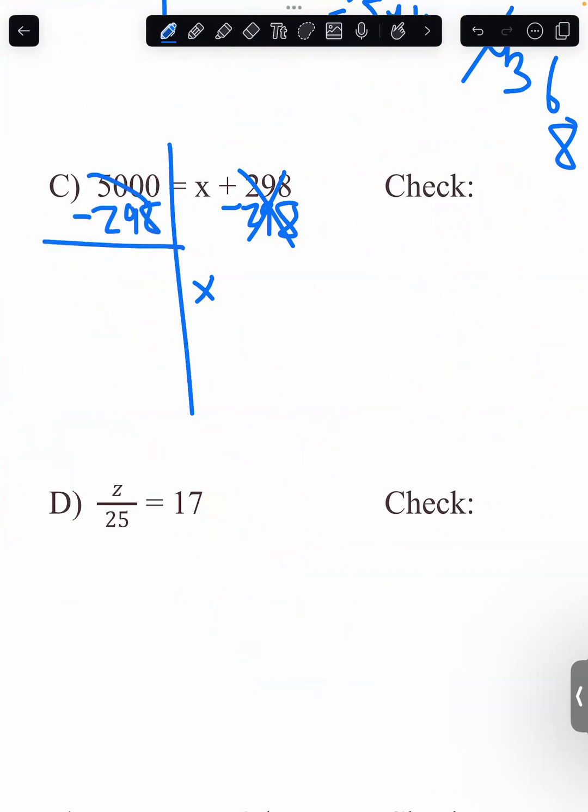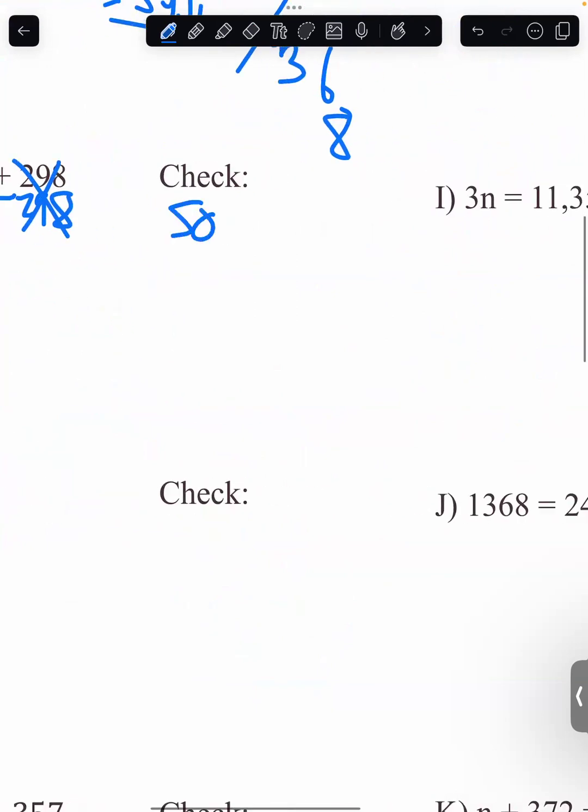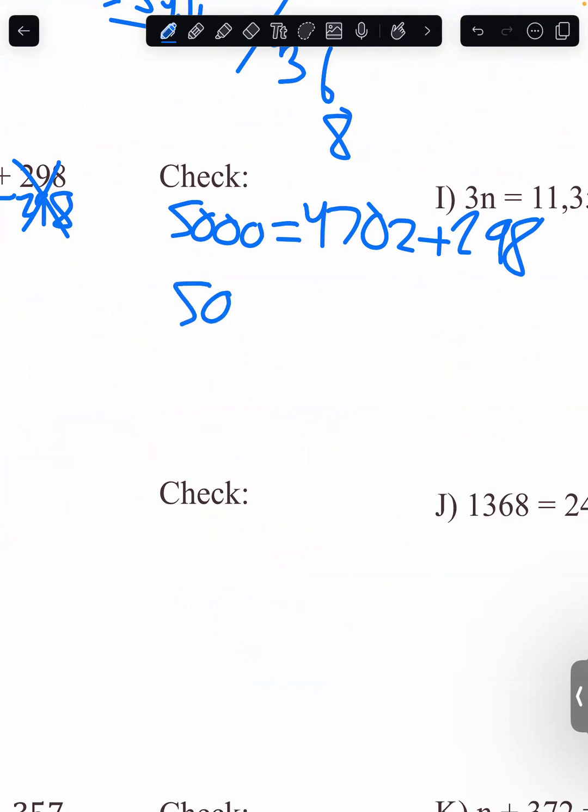All right, so now 10 minus 8 equals 2. 9 minus 9 equals 0. 9 minus 2 equals 7, and 4702. So does 5,000 equal 4702 plus 298? And the answer is yeah, it does.